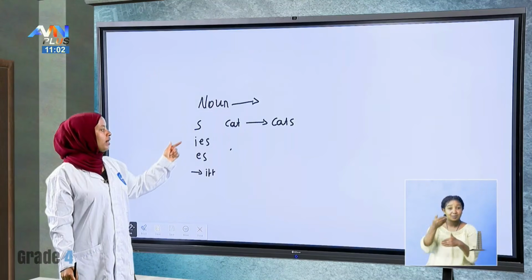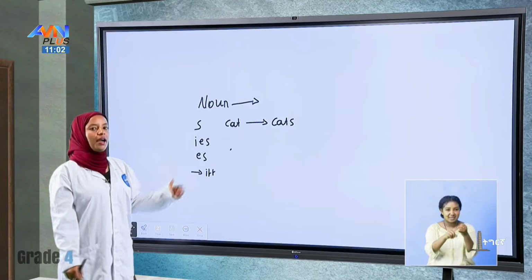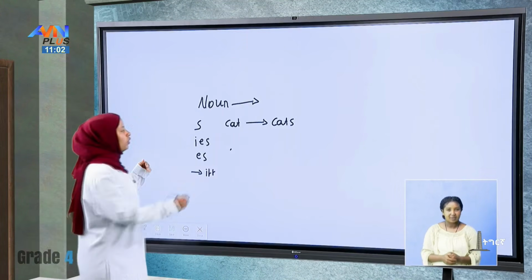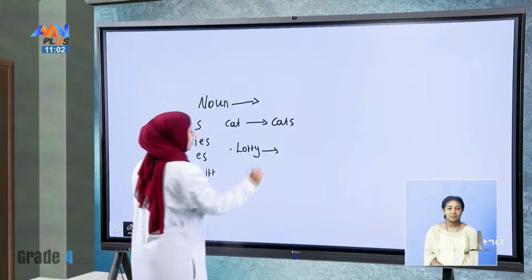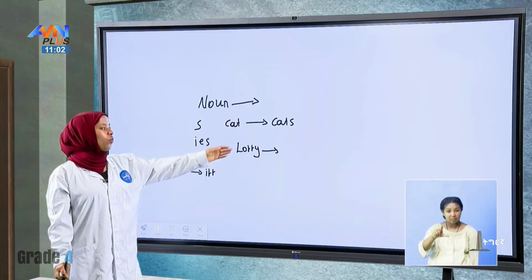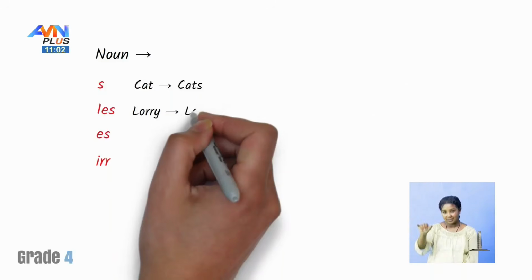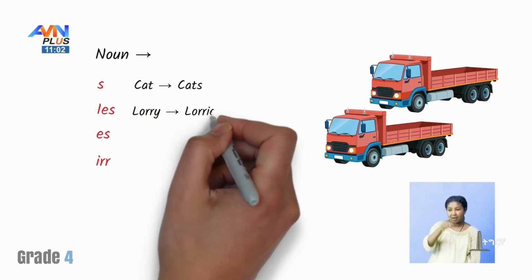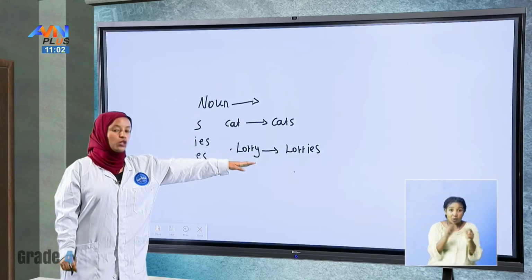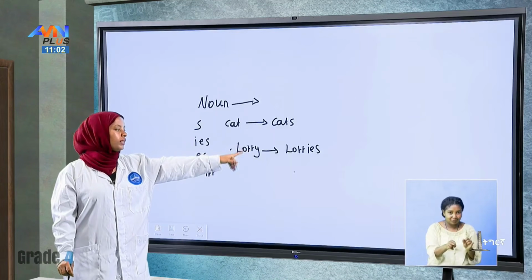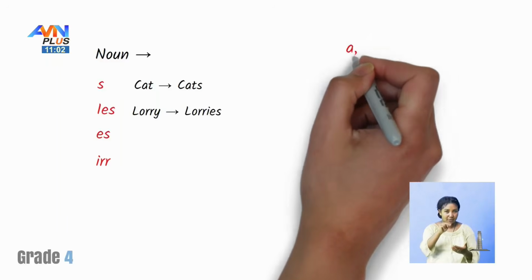The next one is IES. Some nouns end with Y, like lorry. Here we cancel the Y and add IES: lorries. But this rule only works if the Y is preceded by a consonant, like R. Do you know the vowel letters?